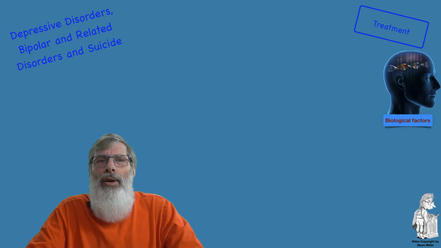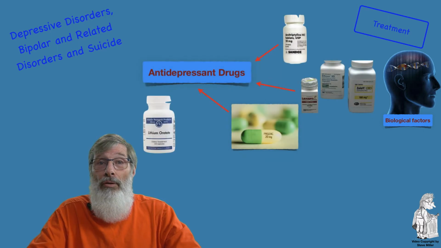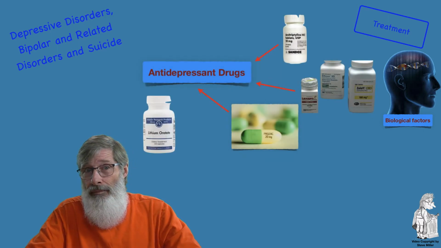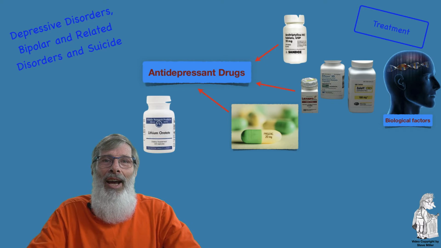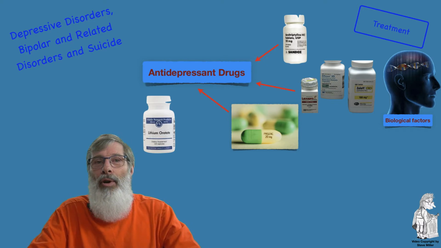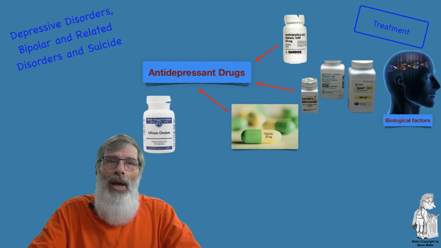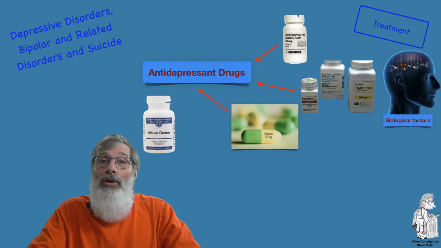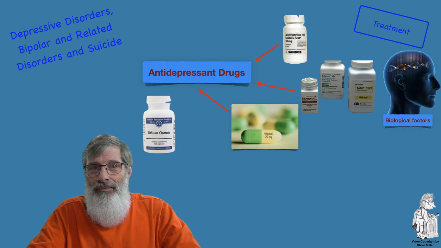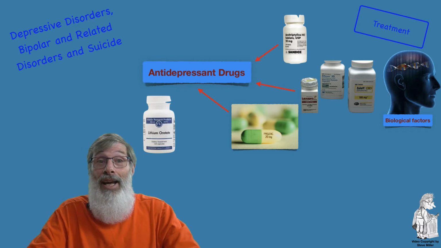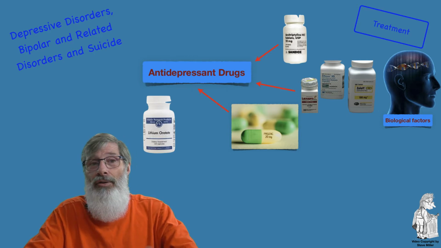Antidepressant drugs appear to increase the levels of neurotransmitters in the brain. These include the TCAs, or tricyclic antidepressants, the MAOIs, the monoamine oxidase inhibitors, and then we did mention the SSRIs, or selective serotonin reuptake inhibitors.